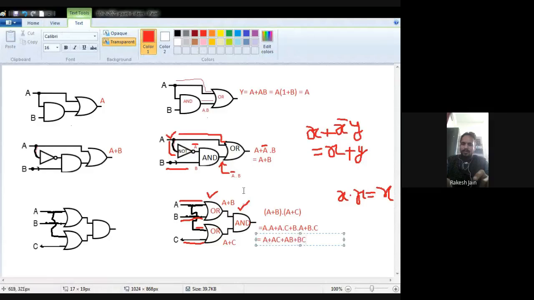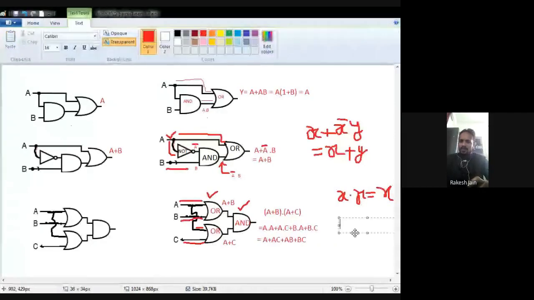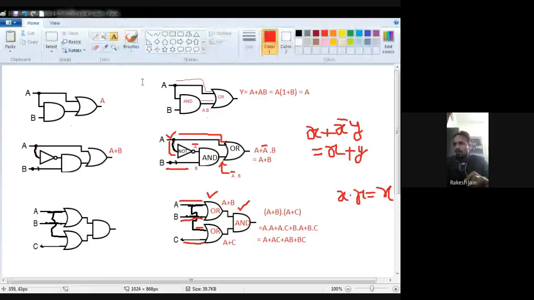Now one more rule is there. We know that if there are two terms like x and xy, it means x is common, so x times 1 plus y, and always remember 1 plus x is 1 only.